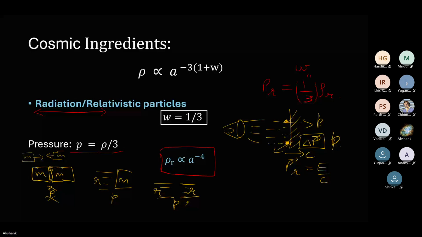But on such large scales, it's an assumption that matter is not moving, and that's why it's not exerting any kind of pressure. You have pressure from particles, but we are neglecting all of that. Okay.